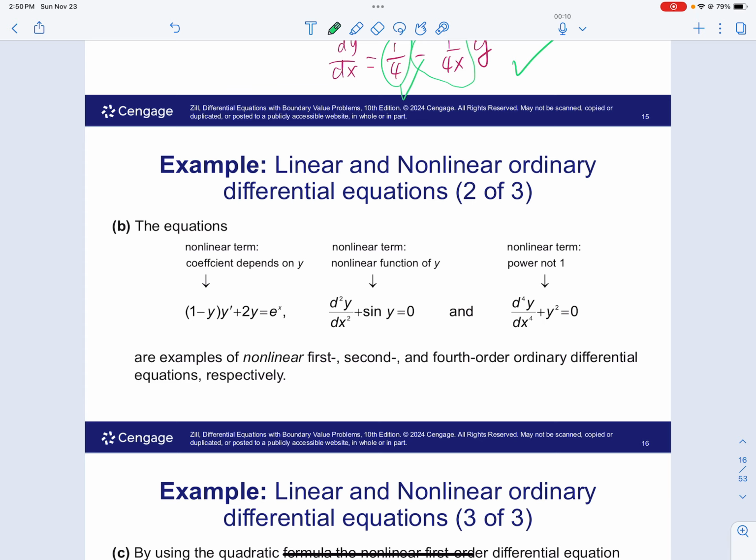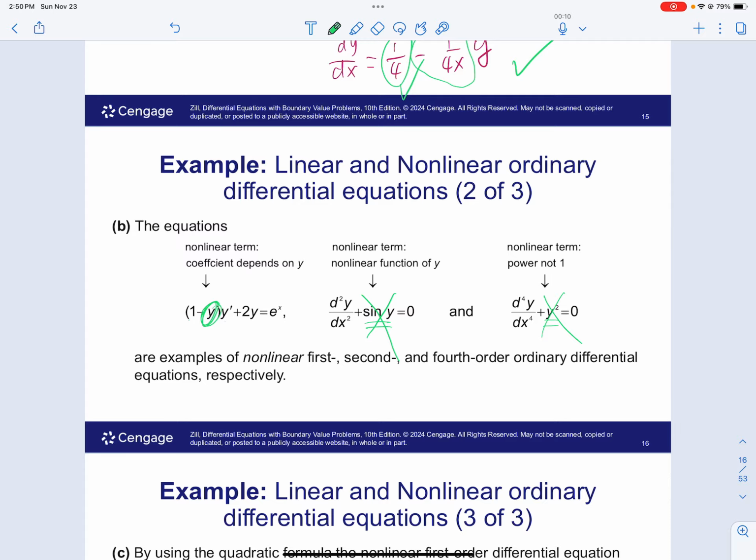What will make the first one nonlinear? Because you have an extra y in the coefficient of y prime. How about the second one? Remember, trigonometric functions give us trouble. The third one, what happened here? Y squared. This is not y anymore.